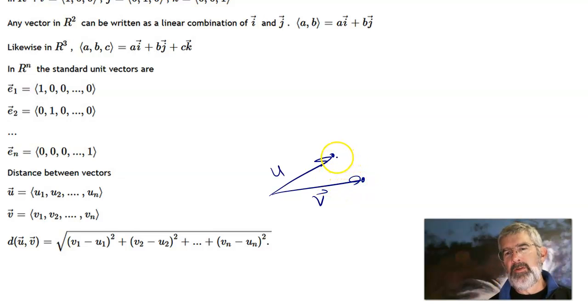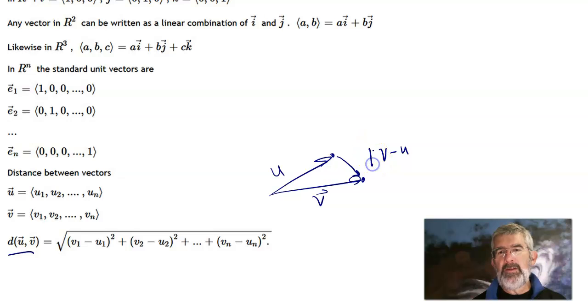So this distance right here. Well, that right there we have seen is either v minus u or u minus v. I think the way I have it drawn is v minus u. So the distance between u and v is going to be the length of v minus u.